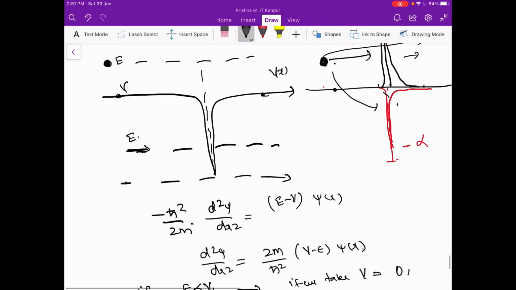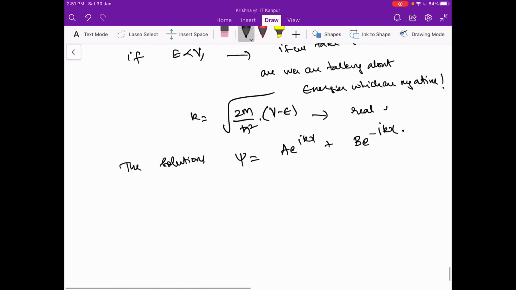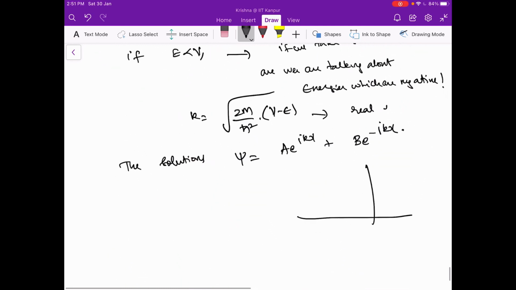Now, if this is the solution, we have to talk about, let's say this is x going to minus infinity and plus infinity. And let me draw the potential in red. So our potential is somewhat like this.